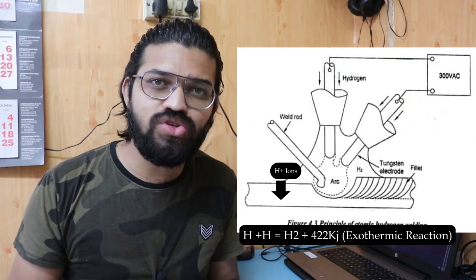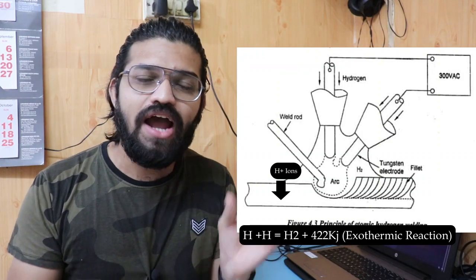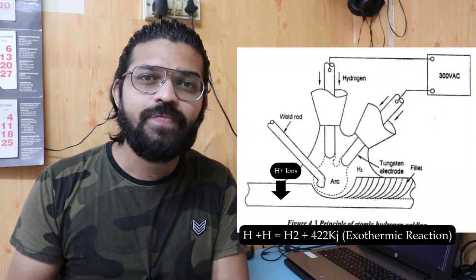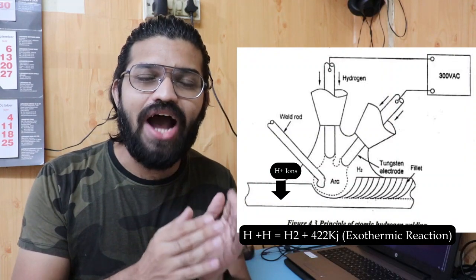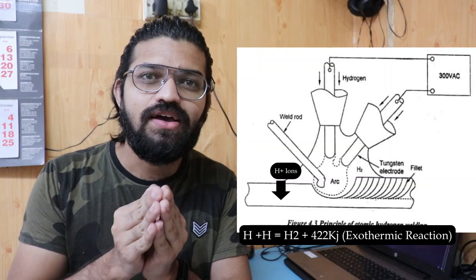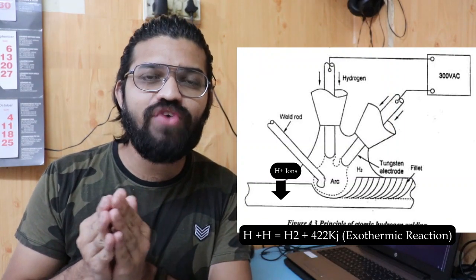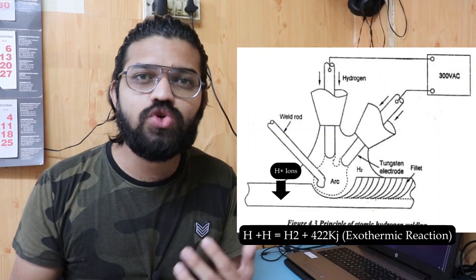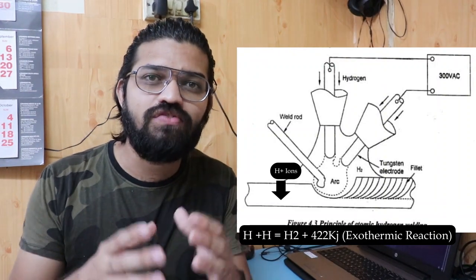So this is the completely opposite reaction to the endothermic reaction that we have seen earlier. Here the exothermic reaction occurs, and the hydrogen ions plus hydrogen ions give us H2 plus 422 kilojoules, that is the heat liberated. This is the exothermic reaction which takes place on the surface of the workpiece.